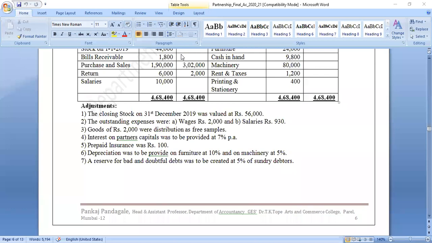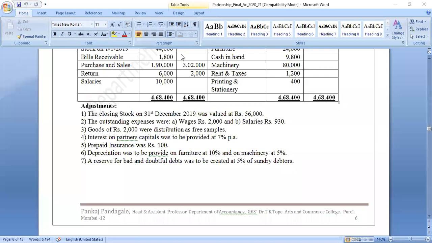The outstanding expenses were wages rupees 2,000, salaries rupees 930. Goods of rupees 2,000 were distributed as free samples. Interest on partners' capital was to be provided at 7% per annum.